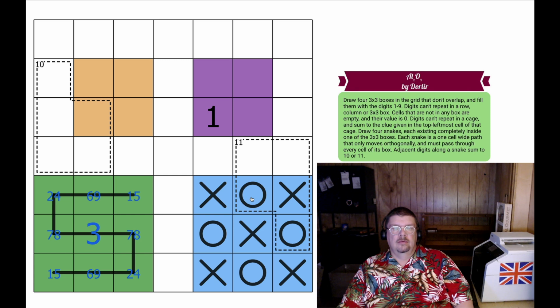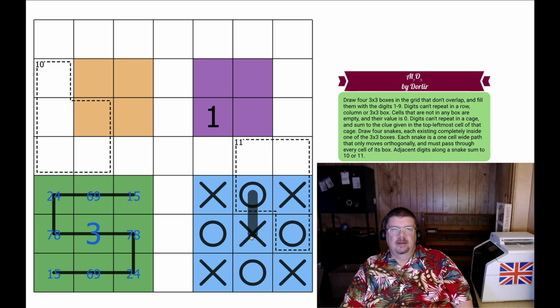So the two ends of the snake are going to be on the same bishop's color. So basically what I'm saying is that the cell that the snake starts or ends on, I need 5 of those.